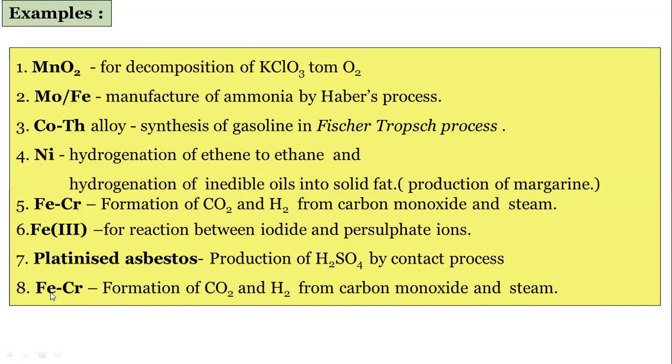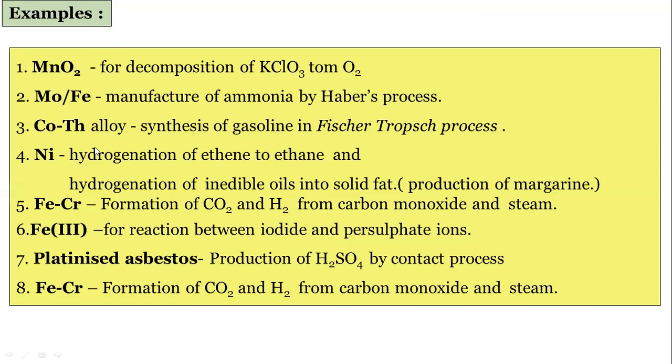Then Fe and chromium alloy is used for the formation of CO2 and H2. Sorry, this is repeated, it is already taken here. Fe and chromium are used for the formation of CO2 and H2 from carbon monoxide and steam. So remember these examples. These can be asked in the examination.